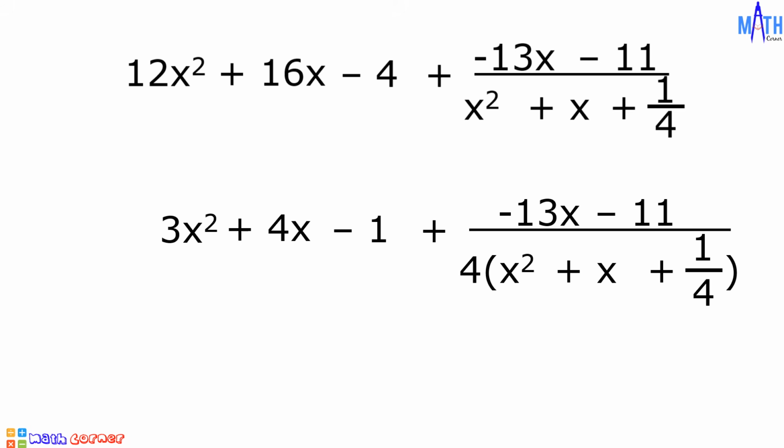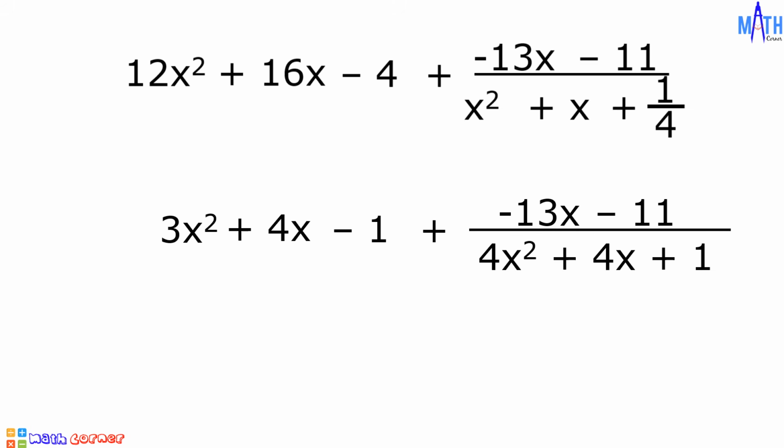And 4 times quantity x squared plus x plus 1/4 is equal to 4x squared plus 4x plus 1. And this is the final answer. We have 3x squared plus 4x minus 1 plus negative 13x minus 11 over 4x squared plus 4x plus 1.